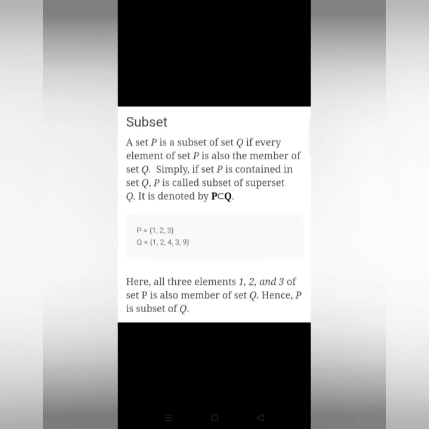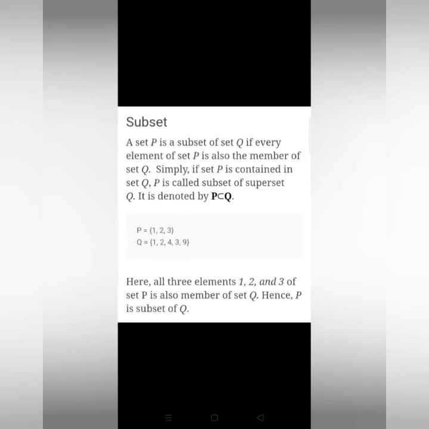Next one, subset. A set P is a subset of set Q if every element of P is also a member of set Q. Simply, if set P is contained in set Q, P is called a subset of superset Q. It is denoted by P is a subset of Q. For subsets, we consider two sets P and Q. P is equal to 1, 2, 3.